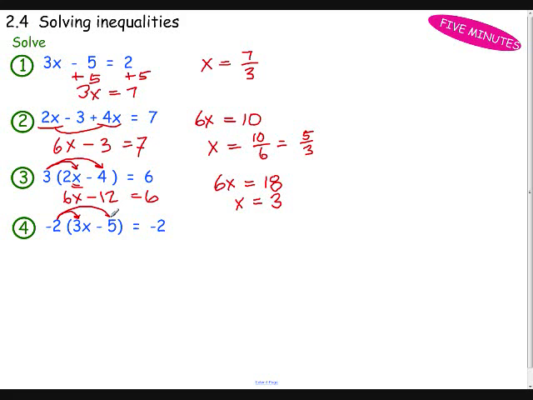We're going to have to distribute in number 4 because our x is within these parentheses, so we've got to clear these parentheses. I end up with negative 6x. What am I going to get here? Just wanted to know that you would handle that correctly.